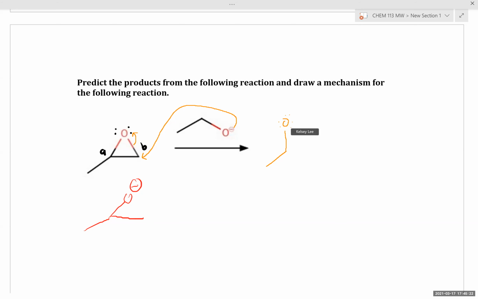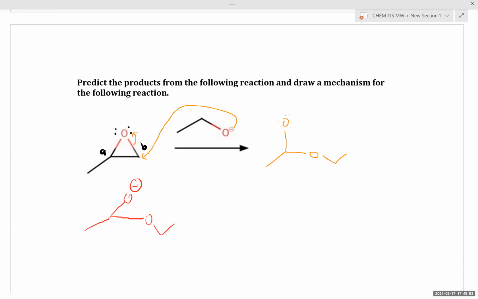Oh, perfect. We have multiple students annotating the structure of the product. That's great to see. I would double check the carbon count for that product and just make sure your final structure has the same arrangement of bonds.